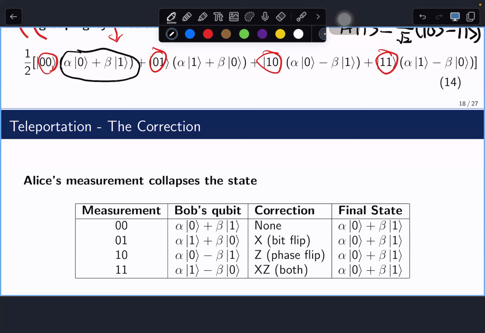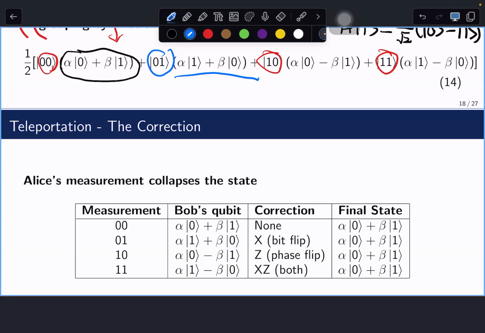The second case is 0, 1. If we measure 0, 1, the 3rd qubit will collapse to alpha |1> plus beta |0>. And remember that if we see there is a 1 on the 2nd qubit, we apply an X gate on the 3rd qubit.